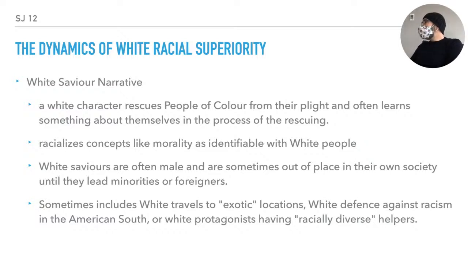Usually he or she is able to rescue people of color, and the people of color are often unable to rescue themselves. They're passive and they're like, oh, what do we do? And then the white guy shows up to solve everything, right?